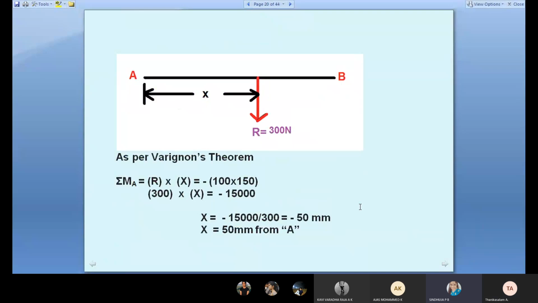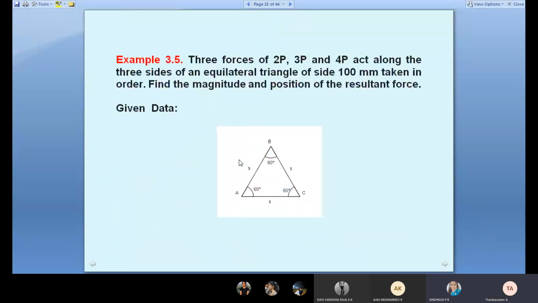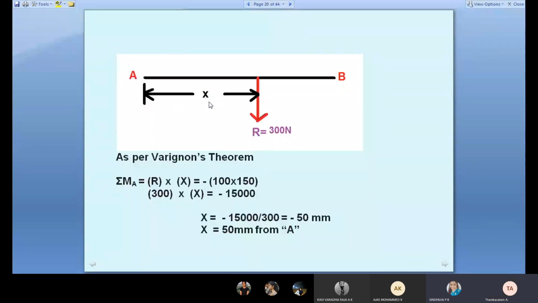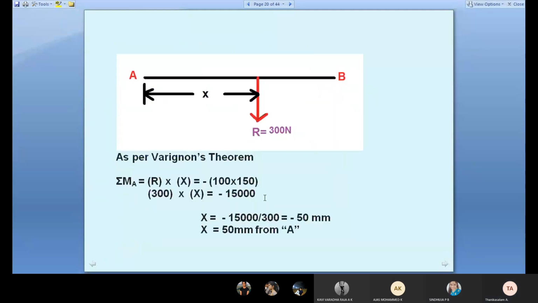Resultant force R into x is equal to 100 into 150, the individual force moment. You go to this diagram. Understand? I put the reference point A, therefore 400 does not give any moment. So that is 100 into 150 anti-clockwise. Okay. So we have got the x.